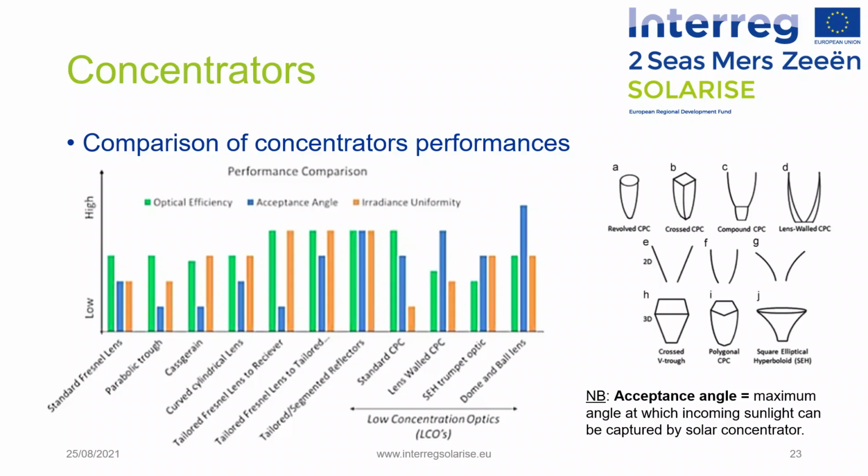The acceptance angle, here in blue, that corresponds to the maximum angle at which incoming sunlight can be captured by the concentrator, and the irradiance uniformity, here in orange, that characterizes the quality of the outgoing irradiance from the concentrator and incoming on the solar cell. Then each CPV concentrator has its own advantages and disadvantages related to these parameters and is chosen depending on the application.